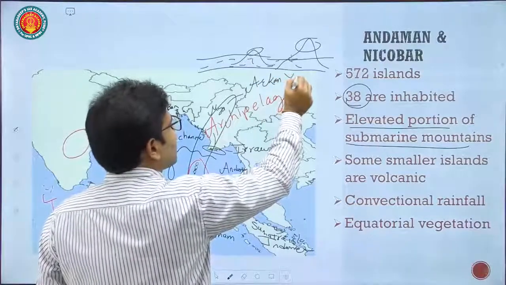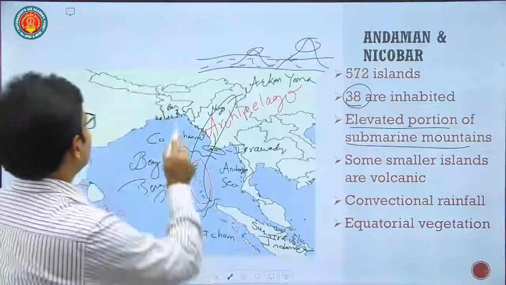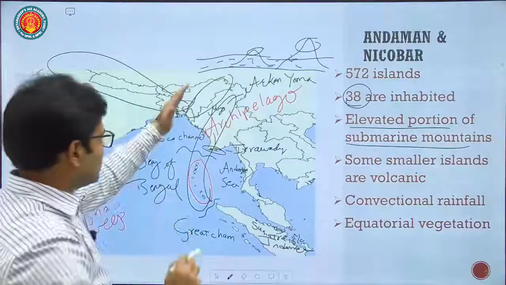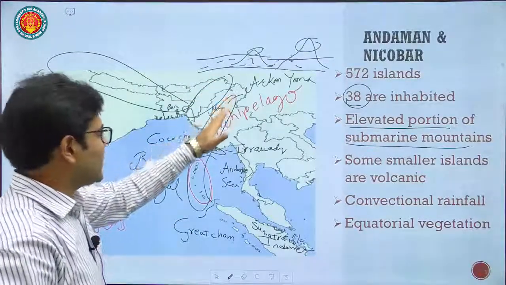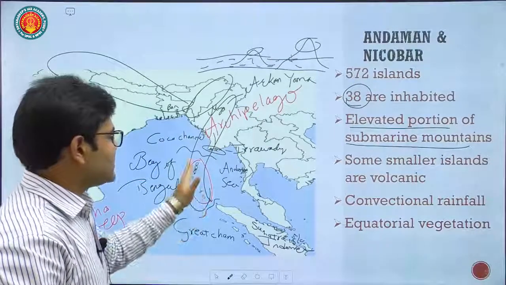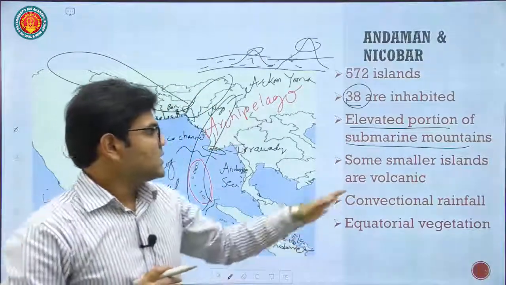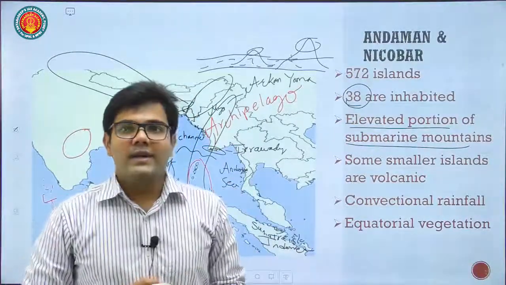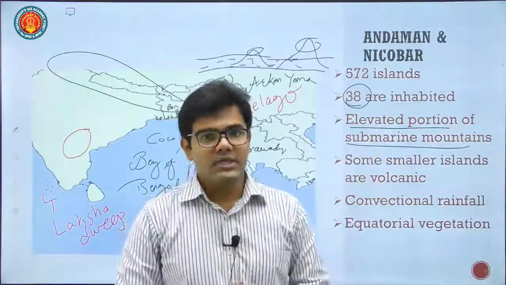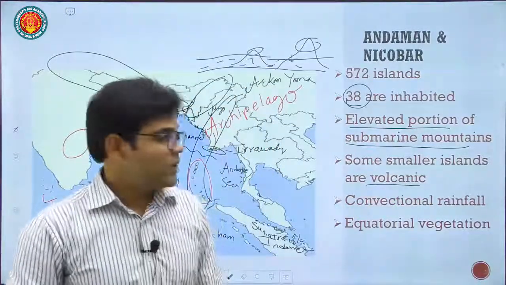Likewise, here we have the Himalayan range and here Purvanchal. So the Arakan Yoma range is present in submarine form, and the Andaman and Nicobar Islands are the tip of those submarine mountains. But not all islands are of submarine mountains. Some are volcanic in nature, like the barren island and Narcondam Island.